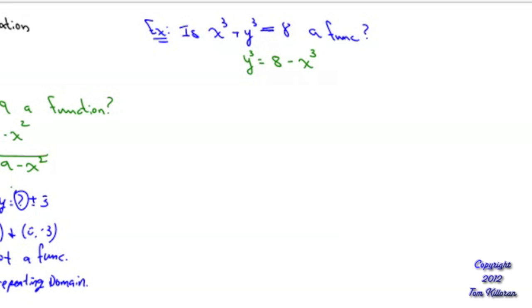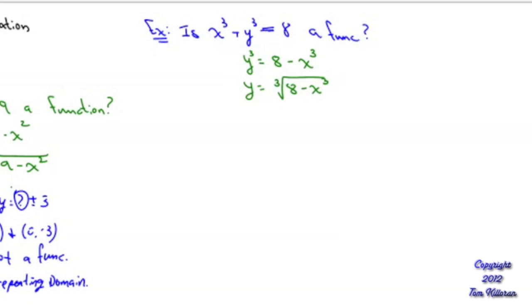Cube root both sides. Do I have to do a funny adjustment in front of a cube root? No. Do I need a plus or minus? No. Definitely not. Even indexes, you have to do the plus or minus. Odd indexes, you don't. Leave it alone.